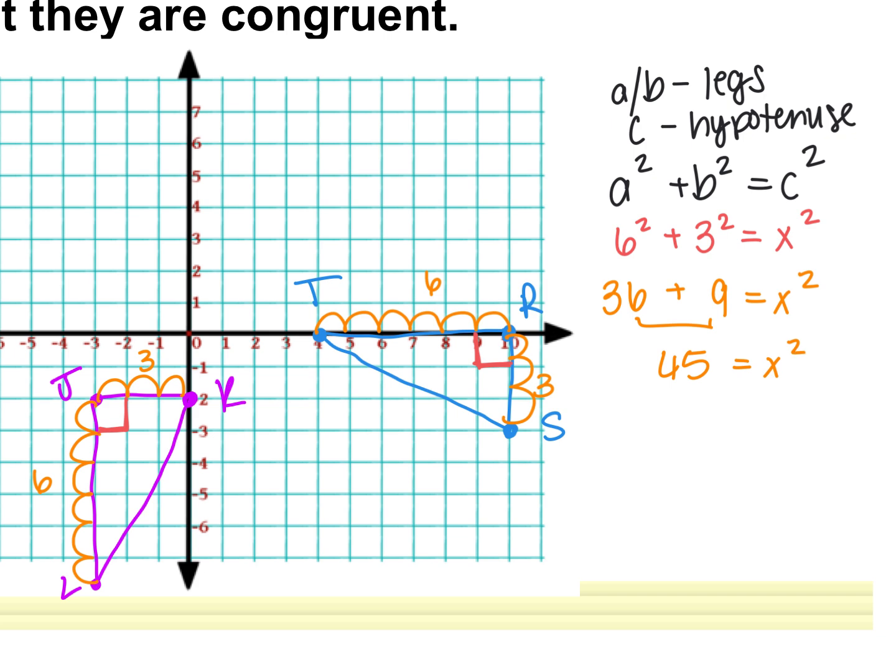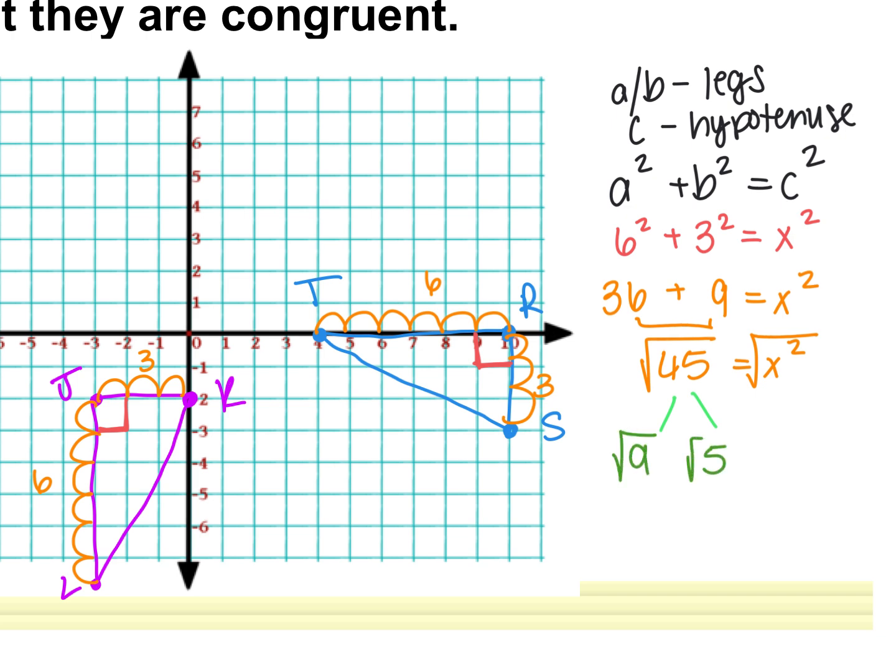How do you get rid of a squared? The opposite of squaring something is? Good. You find the square root. So taking the square root of 45, is that a perfect root? No. So I need to simplify it. Simplifying this root, what two numbers multiply to give me 45? Yes, 9 and 5.